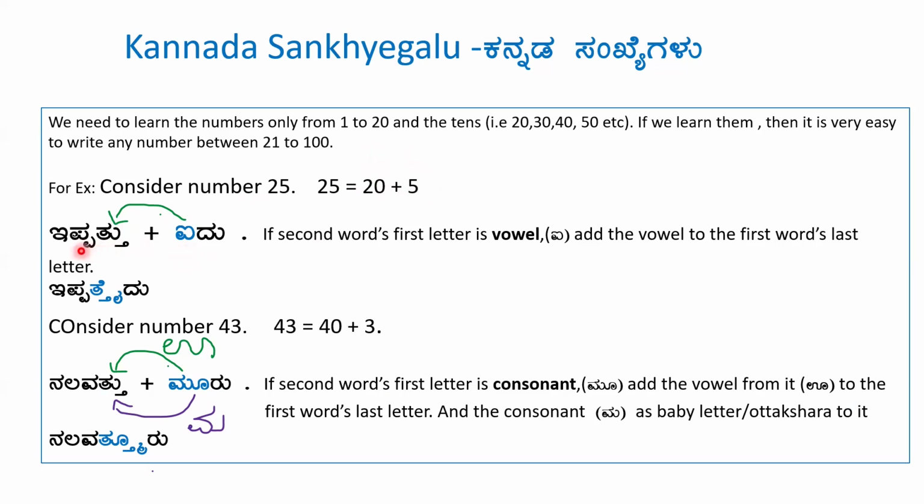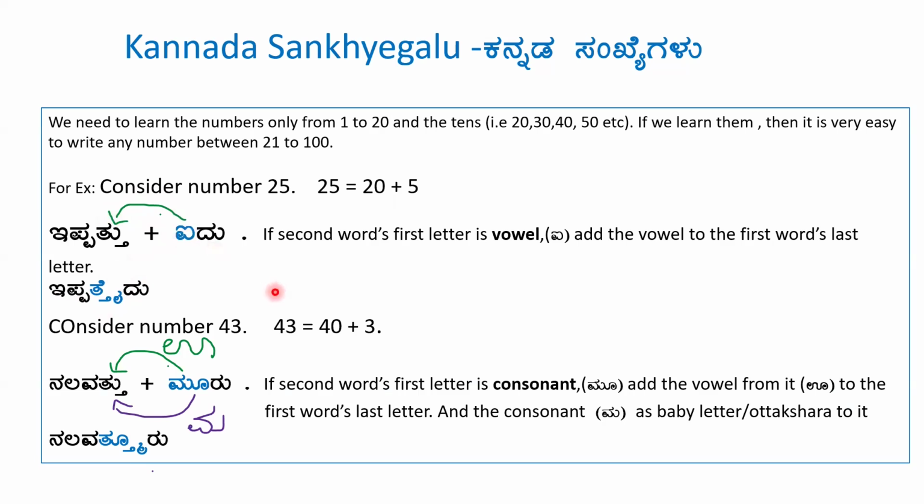So, ippattu plus aidu, 20 plus 5. The second word's first letter here is I, which is a vowel. If it is a vowel, when you join the words, directly pass on the vowel to the first word's last letter. So, I will go to tu and it will become tai. When you join, it will become ippataidu. The ta gets I matra.